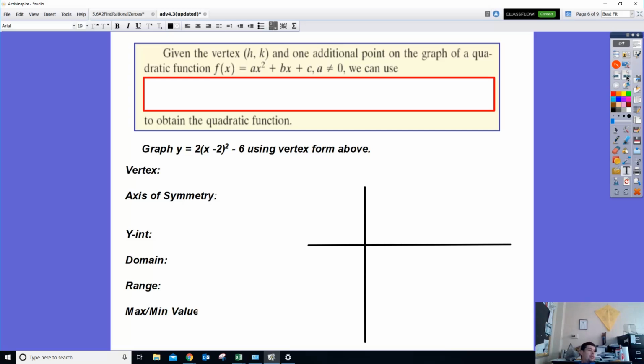So we're jumping to vertex form. Now your task here is to graph y equals 2 times (x minus 2) all squared minus 6 using the vertex form above, which I don't have in there. Anybody remember vertex form for a quadratic? Every form you learn in a math class uses the letters h and k.